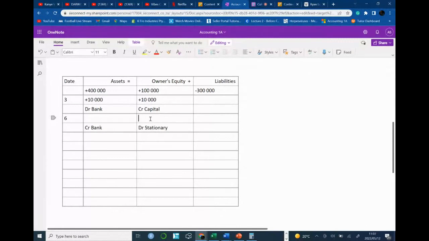This was for 1,000, so negative 1,000 under bank. Still bank, we could have just said negative 2,000, I'm just choosing to separate it.